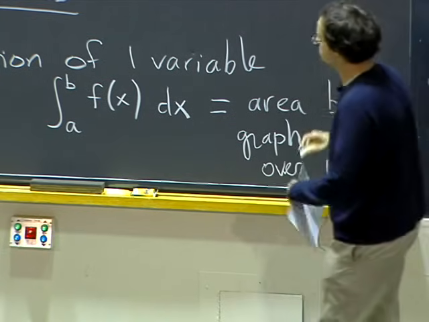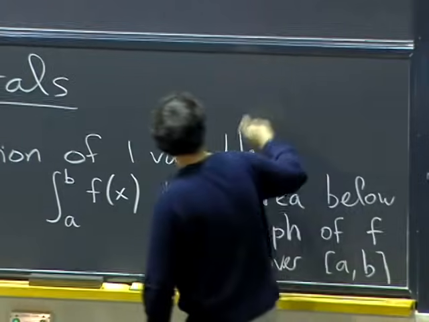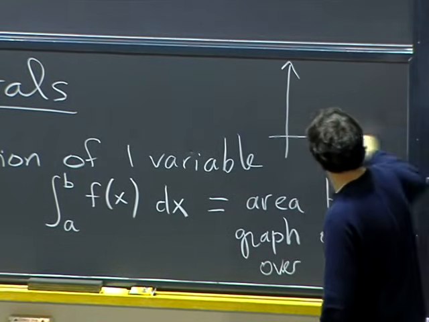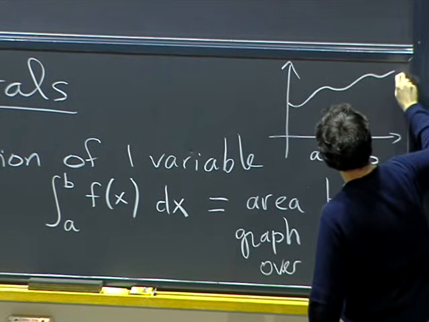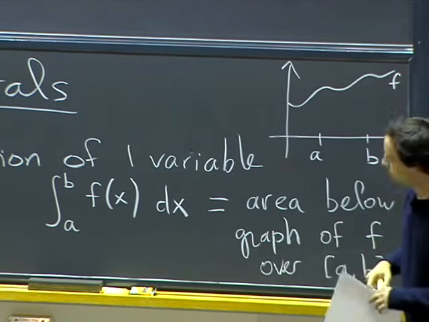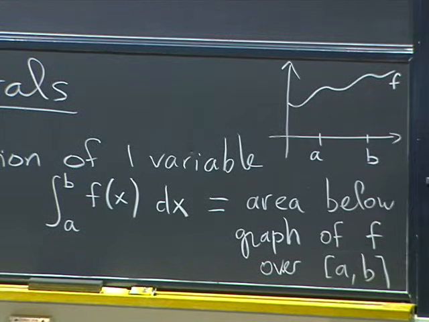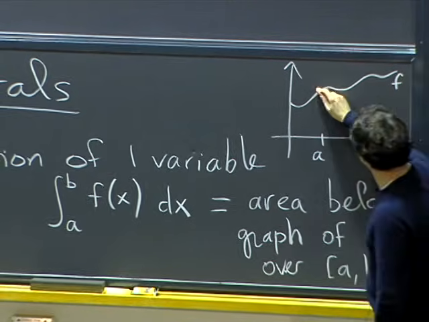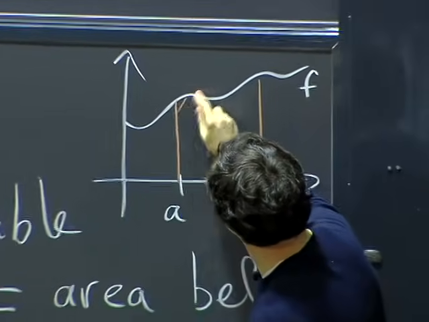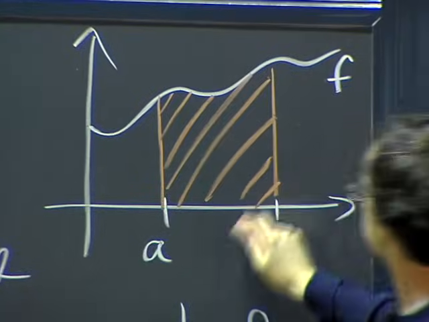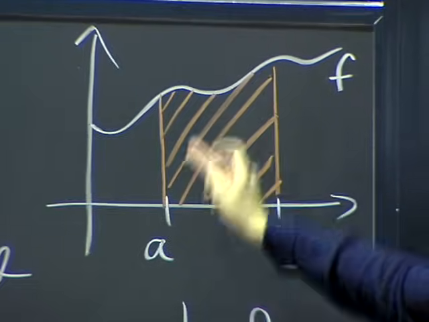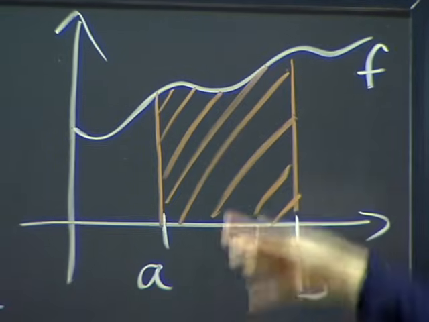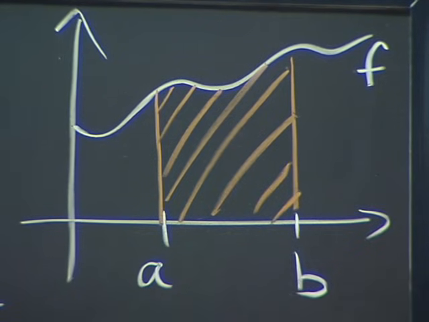So the picture is something like: you have a, you have b, you have the graph of f, and what the integral measures is the area of this region. If f is positive, that's what happens. If f is negative, then we count negatively the area below the x-axis.